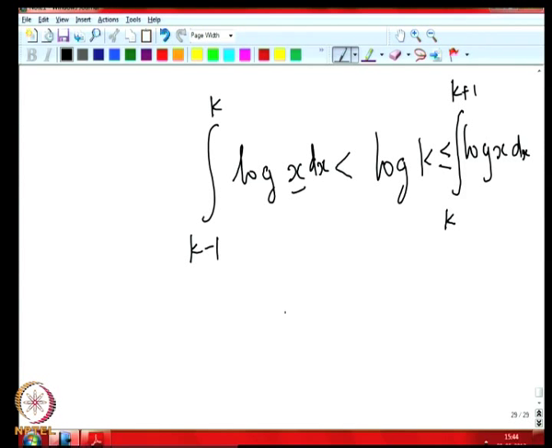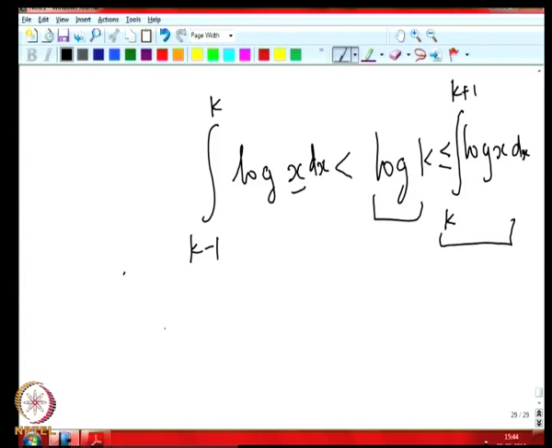So the integral from k minus 1 to k of log x will definitely be less than log k, because this is the last value of k, and the next quantity is going to be bigger. Now when we put k equal to 1, this is going from 0 to 1 of log x dx, and then from 1 to 2 and so on.